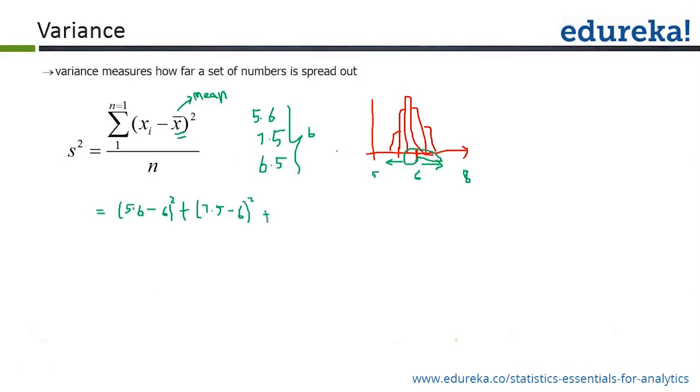Then you take the last observation, in this case 6.5, subtract it from the mean, and square it. Then you divide the sum by the total number of observations, in this case 3. This is nothing but what is reflected in this formula.